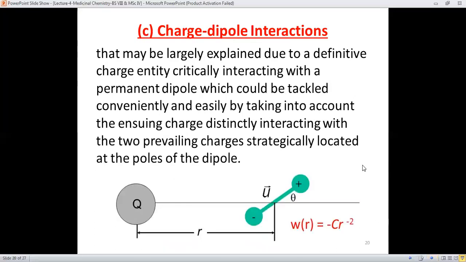And next is the charge-dipole interaction. Charge-dipole interactions occur between a charge and a molecule in which a dipole is already present. It's due to a charged entity interacting with the permanent dipole. Like in this molecule, there is a permanent dipole.